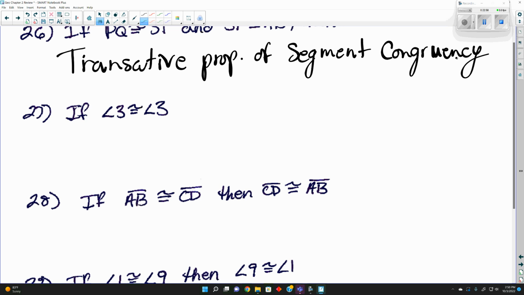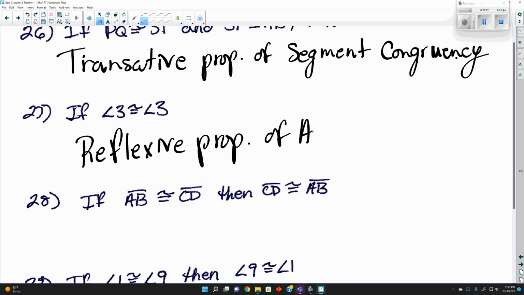Congruent and congruency, you can interchange those. The next one is the symmetric property of angle congruency. I believe it's actually the reflexive property of congruence or congruency, but again, I believe it is, because all the properties are in the back of this review sheet.